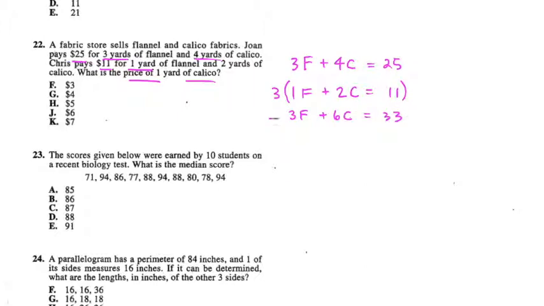Now I'm going to subtract, but I'm going to subtract this direction because I want 33 minus 25 to give me a positive number. So 3F minus 3F is 0, 6C minus 4C is 2C, and 33 minus 25 is 8. Isolate the C, and we get C equals 4. That is our answer.